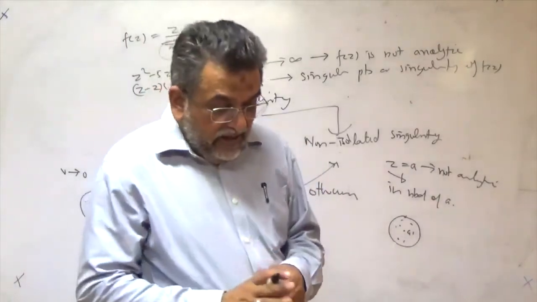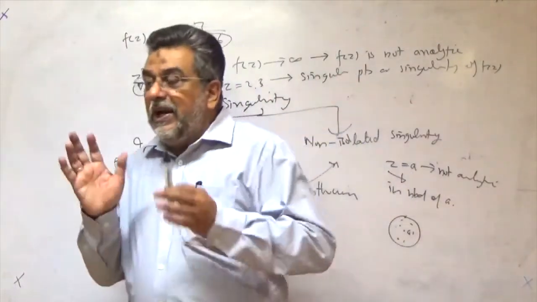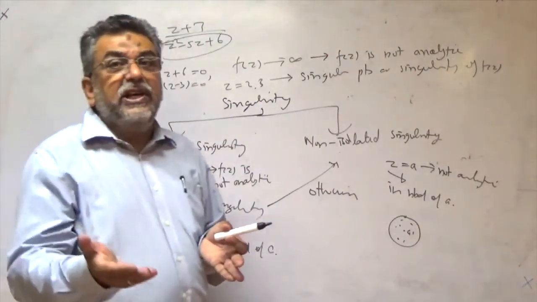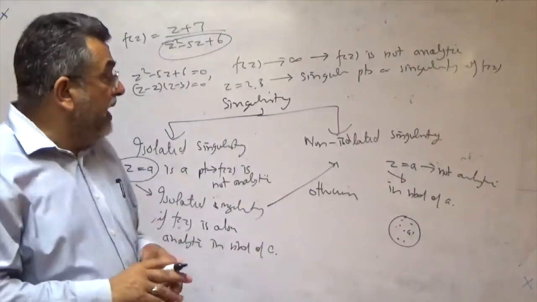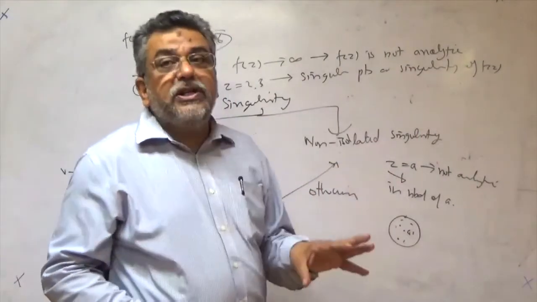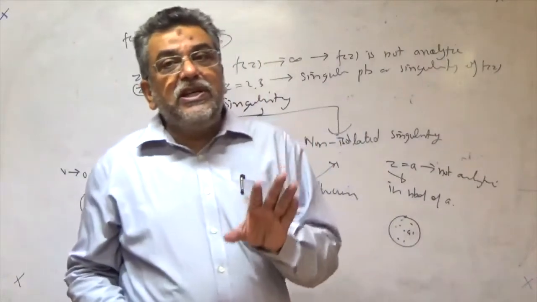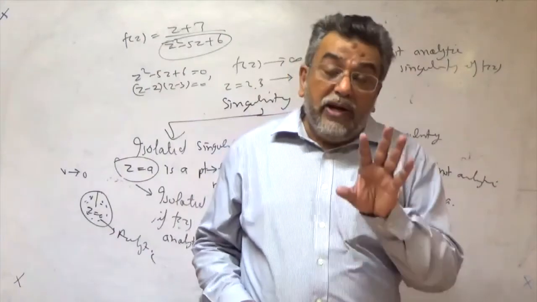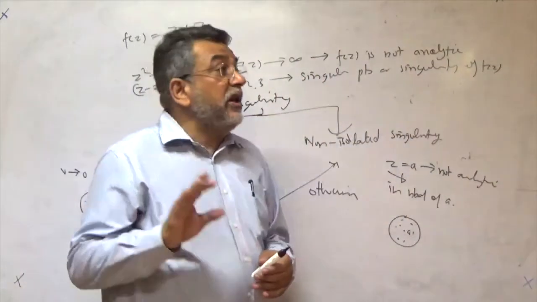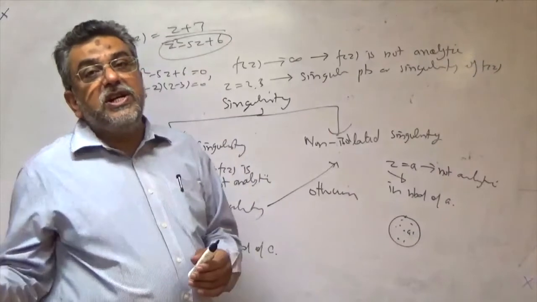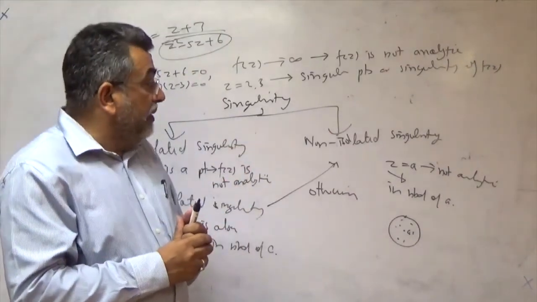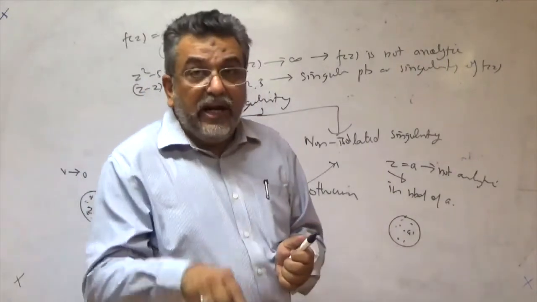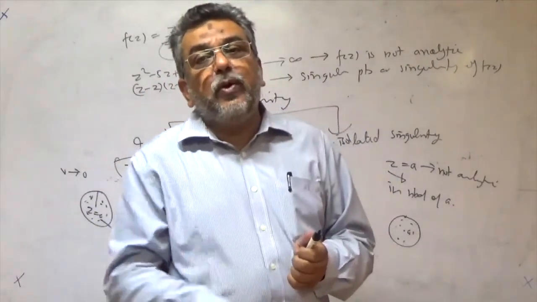In the case of an isolated singularity, there is a possibility of analyticity in the neighborhood. But for a non-isolated singularity, the function is not analytic at that point, as well as in the neighborhood of that point.